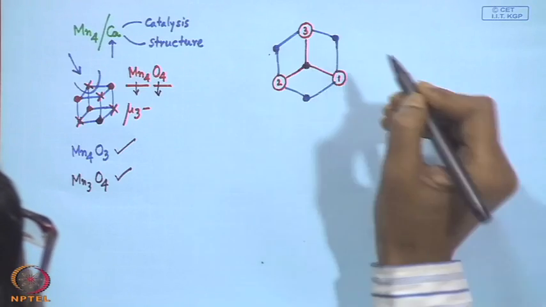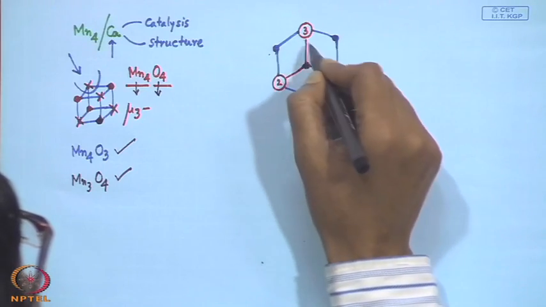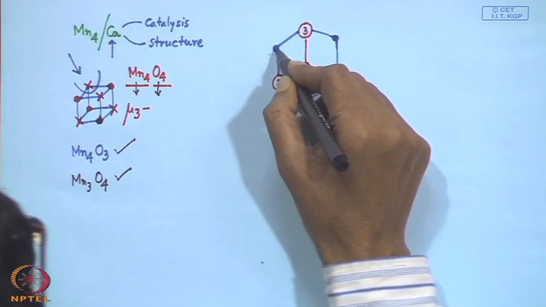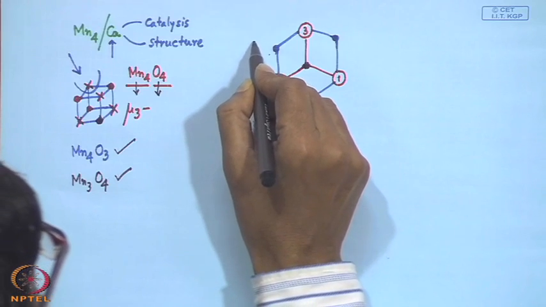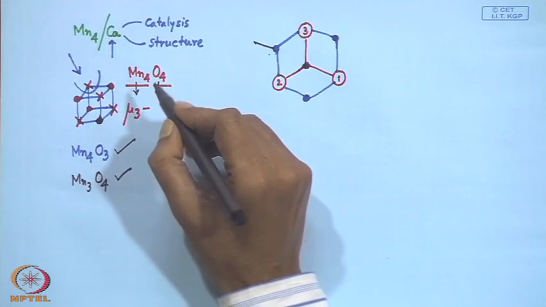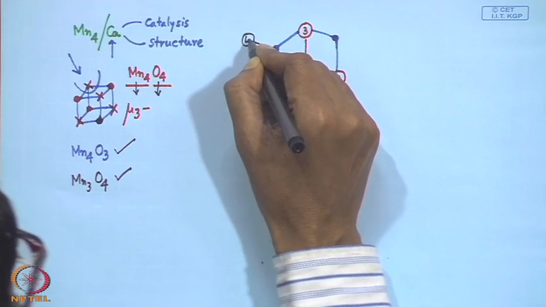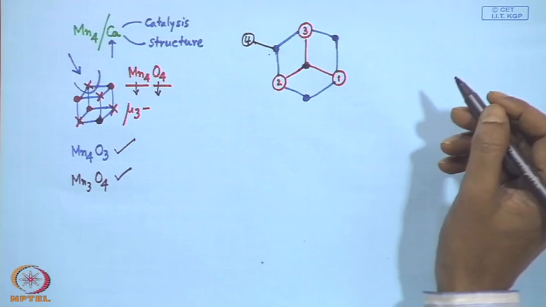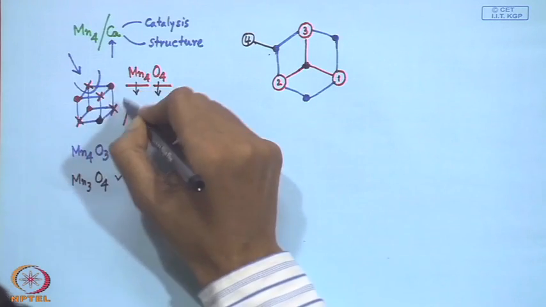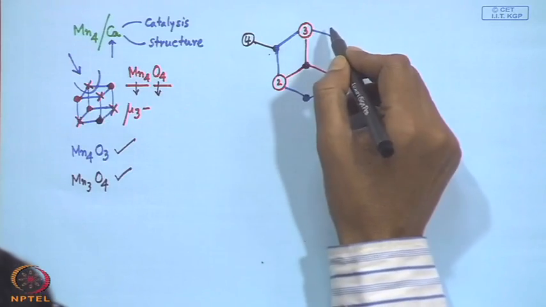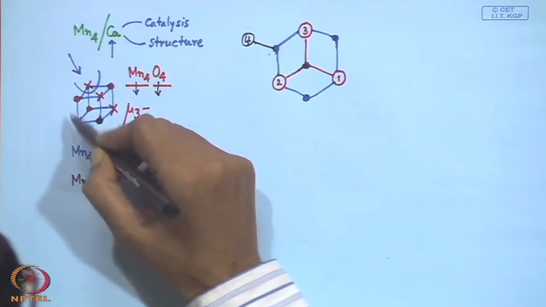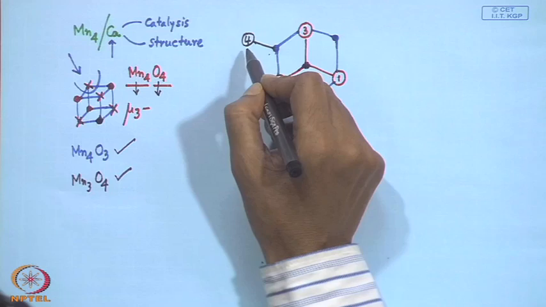This oxygen is only mu2, and it can extend its binding in the other direction, because it is a highly distorted geometry.